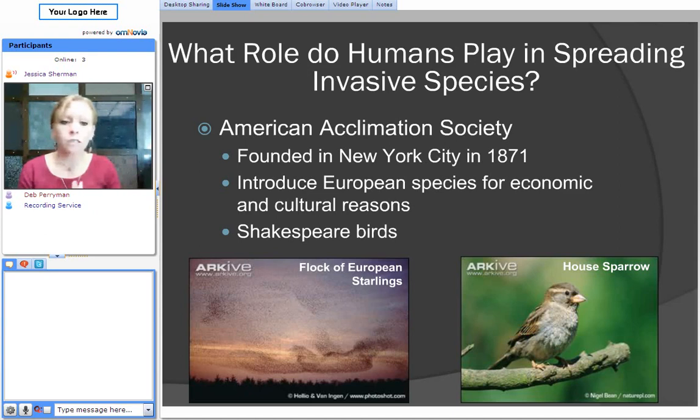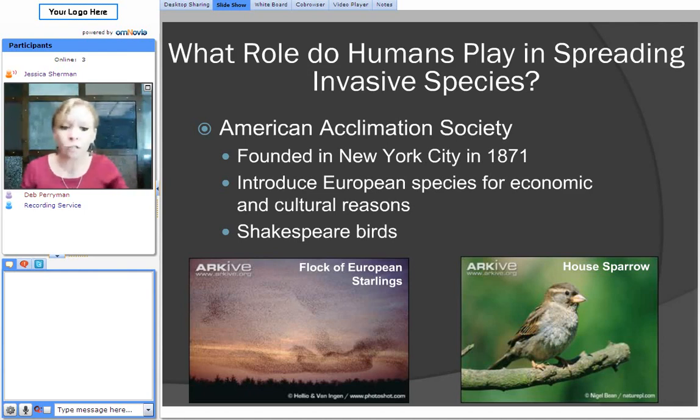Two of the species that were introduced through the American Acclimation Society were the European starlings and the house sparrow. And the starlings, which you can see in the bottom left picture, look at how that is a flock of starlings, and look at how dense their populations can get. House sparrows are the same way. These cause a negative environmental impact because they can outcompete a lot of native birds.